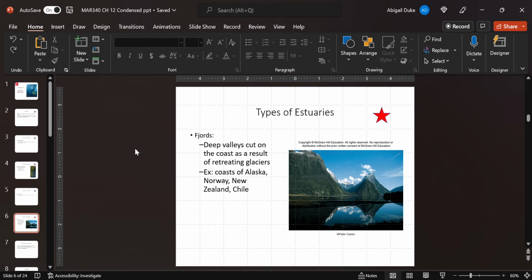It is a finger-like inlet surrounded by sheer walls that rise 1,200 meters, which is 3,900 feet, above sea level and plunge to depths of 500 meters, about 1,640 feet. Its entrance is only 55 meters or 180 feet deep. As in other fjords, the shallow entrance restricts the exchange of water between the fjord and the open sea, resulting in stagnant, oxygen-depleted deep water.